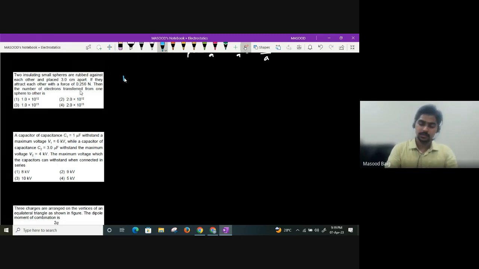So how will I write the electric force? We know it is kq1q2 divided by r square. The two insulating small spheres are rubbed against each other and kept 3 centimeters apart. What is the force given? 0.256. The k value is 9 into 10 power 9. I want to find the charges.